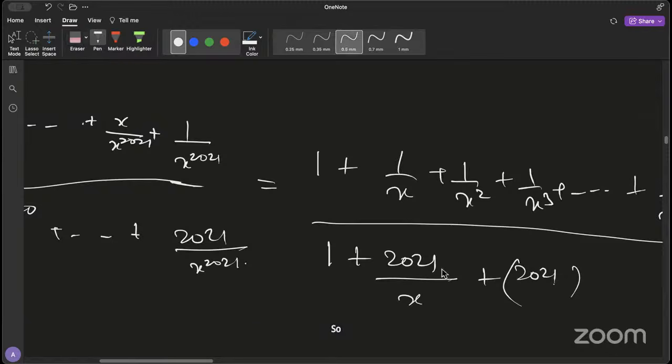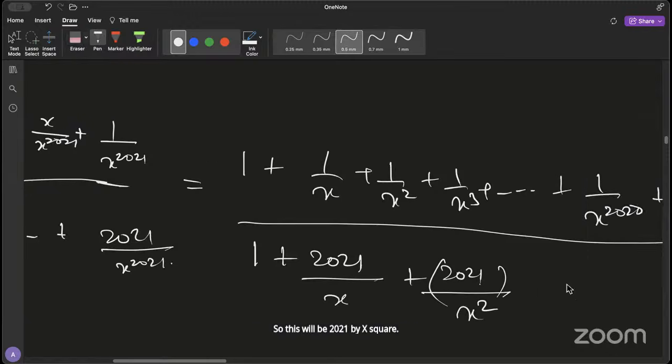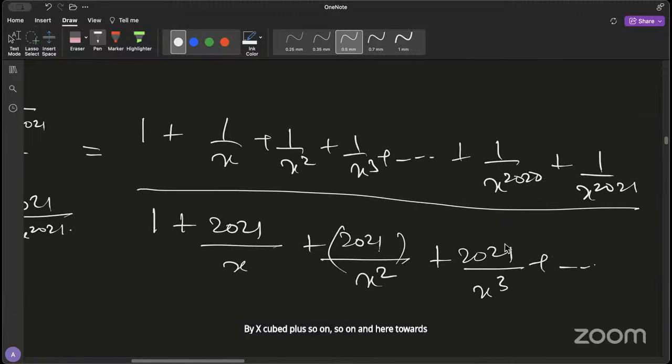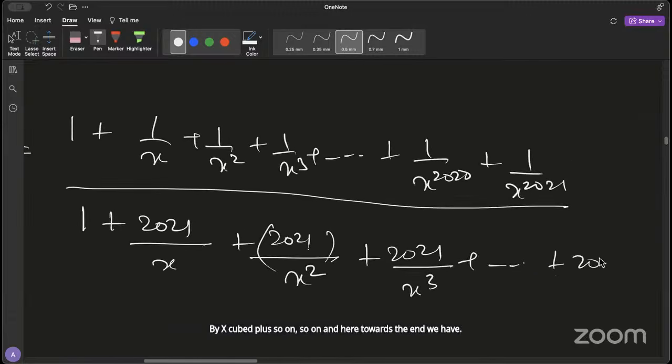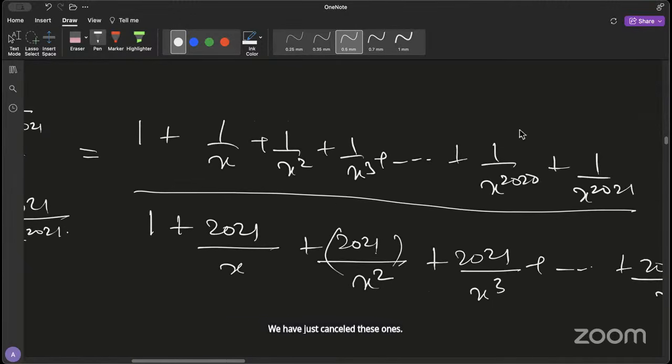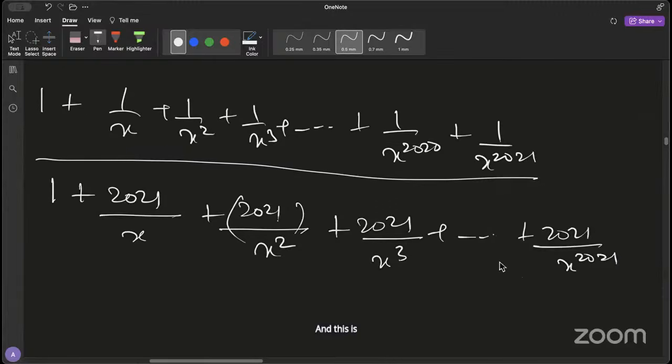So this will be 2021 by x square. Then the next one will be 2021 by x cube plus so on. And towards the end, we have 2021 divided by x to the power 2021. We have just cancelled these ones, and this is the form that we have gotten.